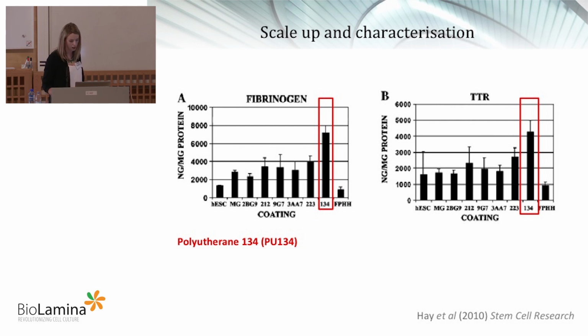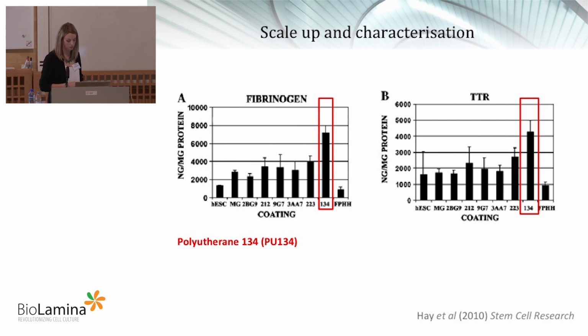So the first one here is pluripotent ES cells, and then we have cells on Matrigel. We have 3 polyacrylates and 3 polyurethanes. This is freshly preserved primary human hepatocytes. We're seeing two key proteins, fibrinogen and transthyretin.